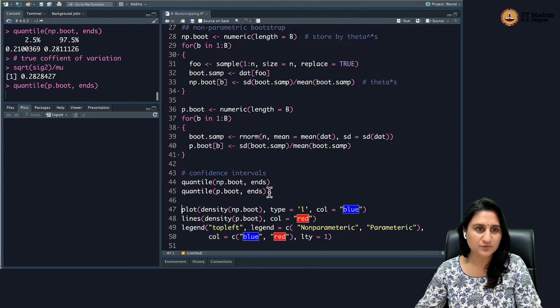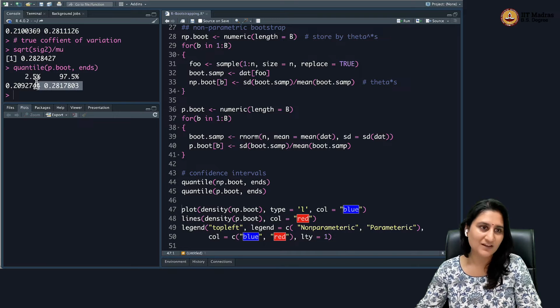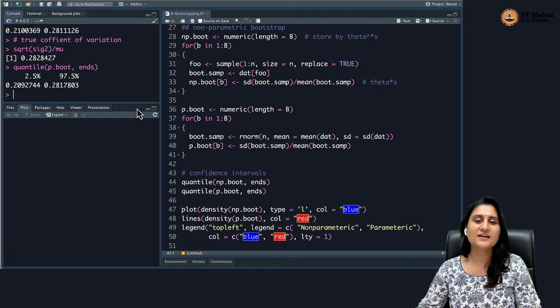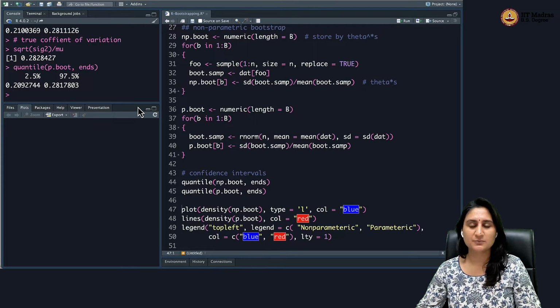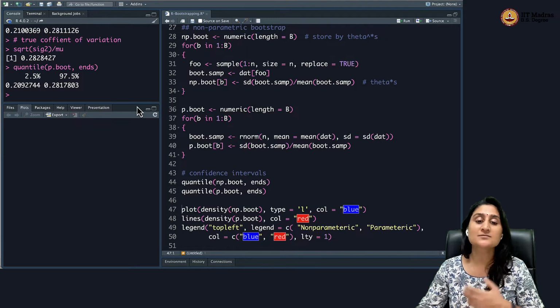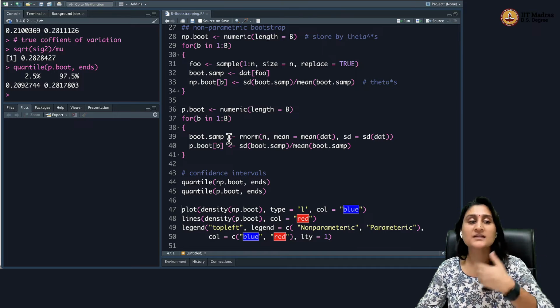And my parametric bootstrap in this case also doesn't contain it, which is perfectly fine, because we don't expect the parametric and non-parametric bootstrap to give us an exact answer and pick everything up exactly, but it does give us a measure of the variability in general.